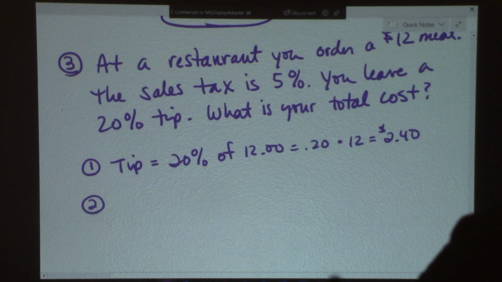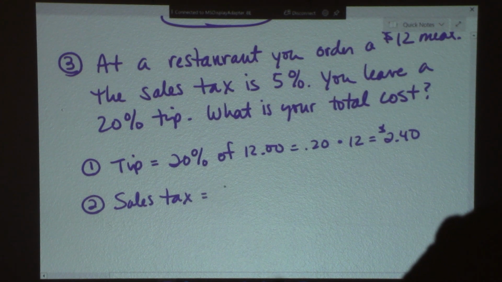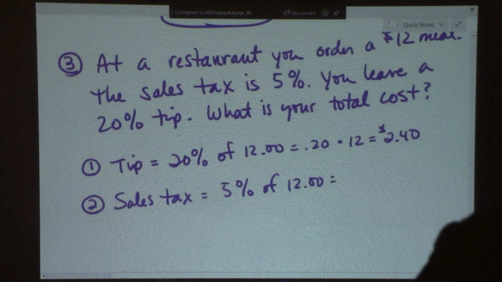Okay, the second thing I figure out is the sales tax. Okay, and they tell us that's 5% of $12. Now don't forget, 5%, I moved the decimal over 2, is 0.05 times 12. So that's 60 cents.